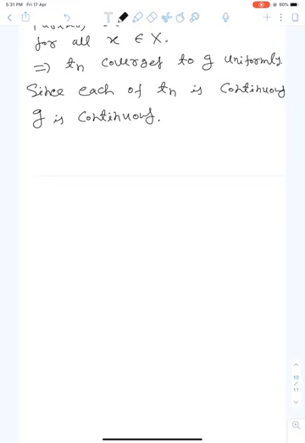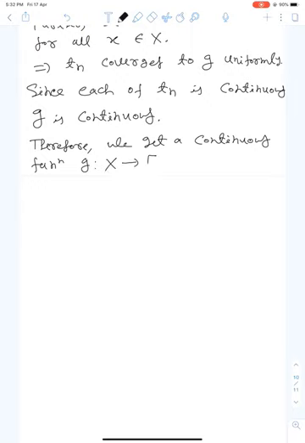So therefore we get a continuous function g from X to [-1, 1], right?